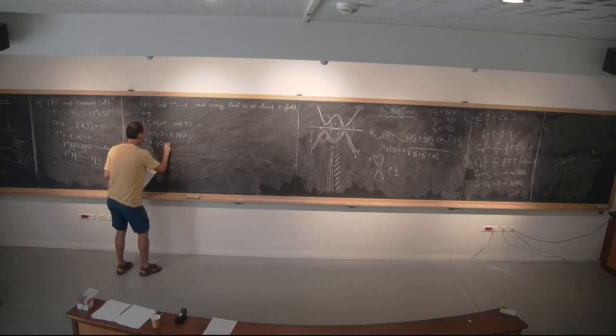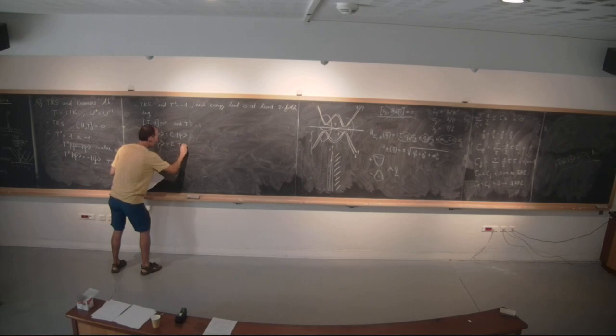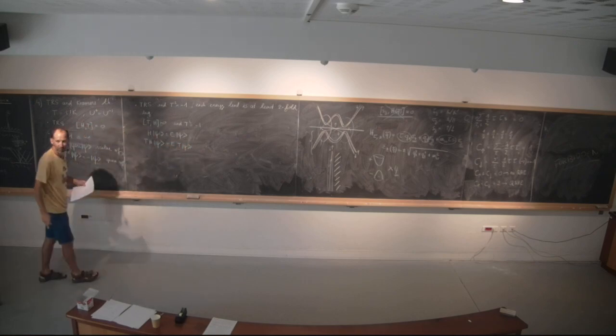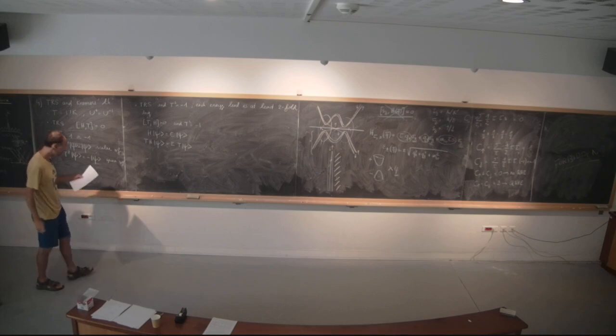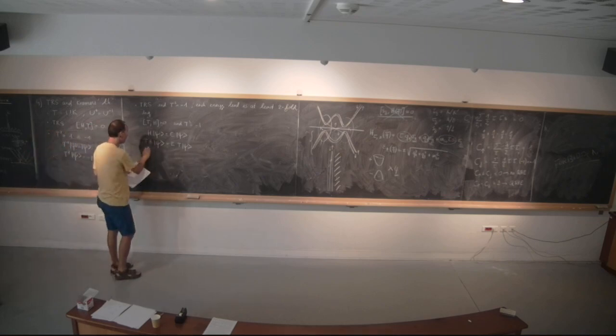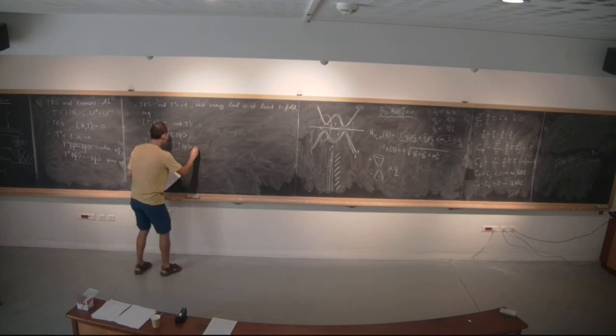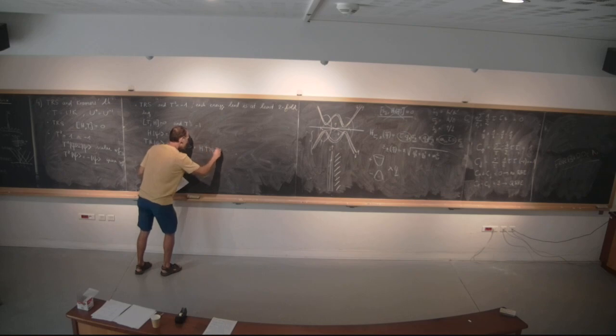So this is equal, of course, I can use the above, and this is E t psi. E is real, so time reversal does nothing on it. And now I can also use the fact that t and h commute. So if they commute, this is also h t psi.